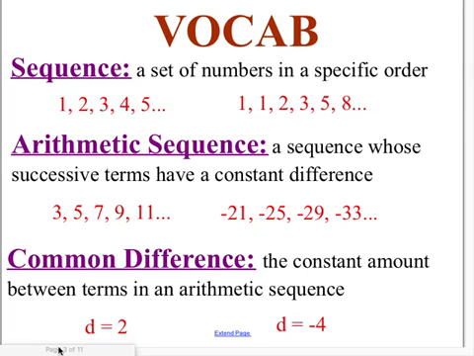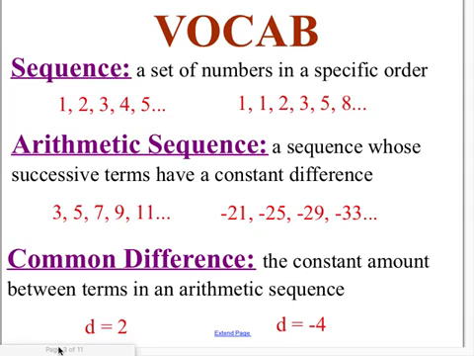The one that we are focusing on today is a specific type called arithmetic sequences, which are sequences that have terms with a constant difference. So if we're looking at this second one on the left in the middle, 3, 5, 7, 9, 11, we're going up by 2.